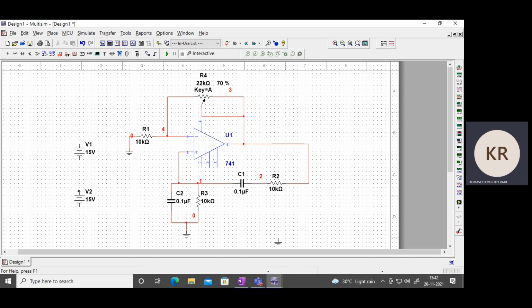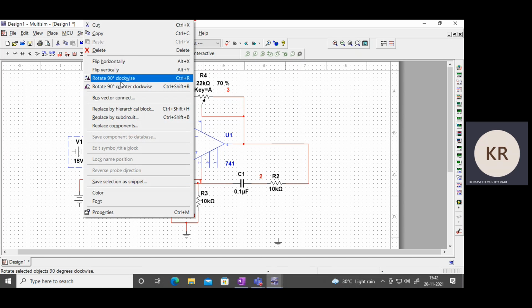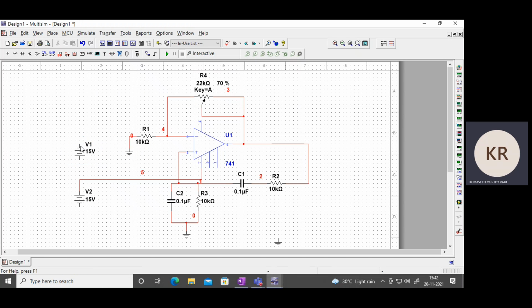Here positive is connected to the 7th terminal, 7 pin. And the negative is connected to here. This one is negative.